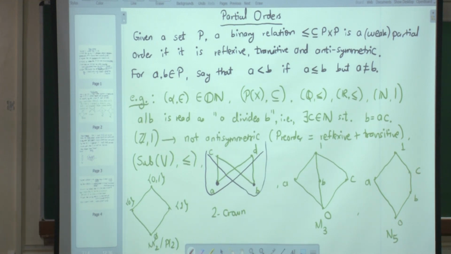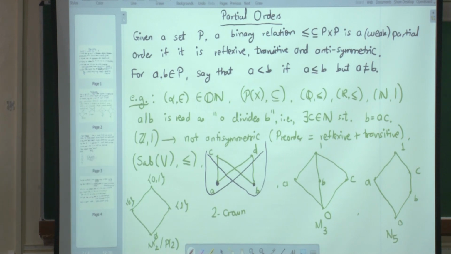Okay. The least upper bound of 2 elements is the least upper bound which is common to both of them. It is a common upper bound of both of them, and it should be the minimum such. Now, what about A and B over here?